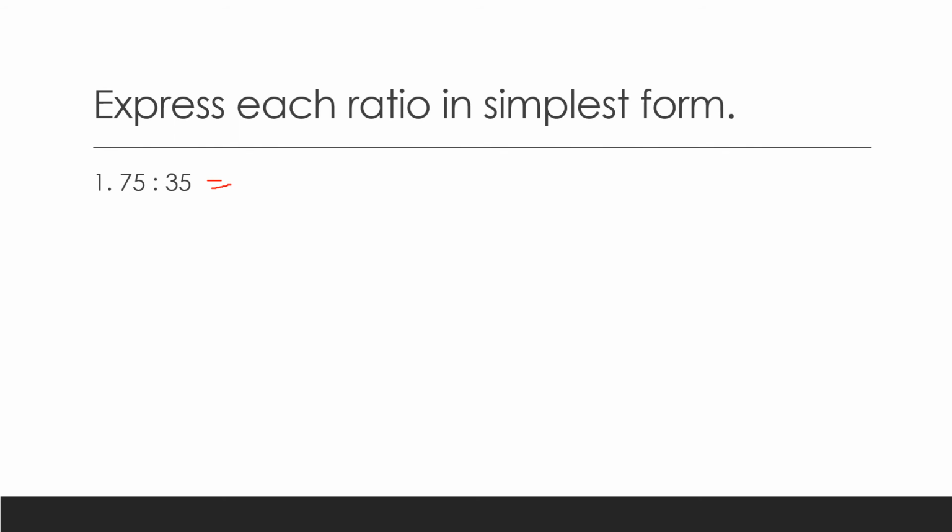So 75 over 35, we divide both sides by 5. 75 divided by 5 is 15, and 35 divided by 5 is 7.